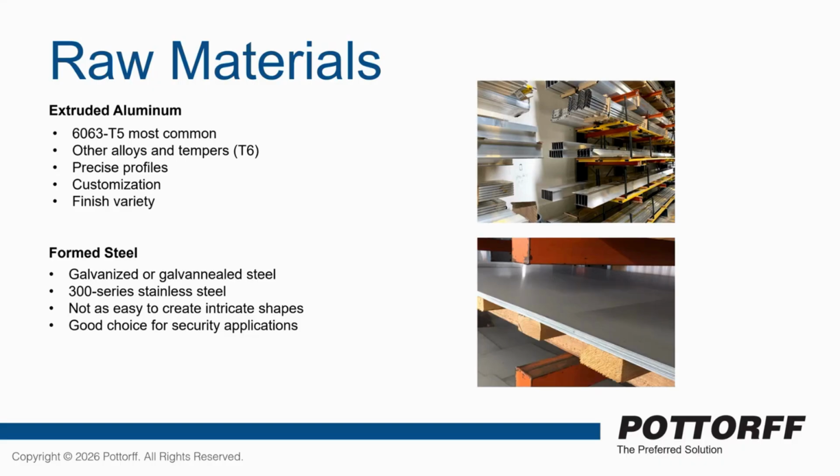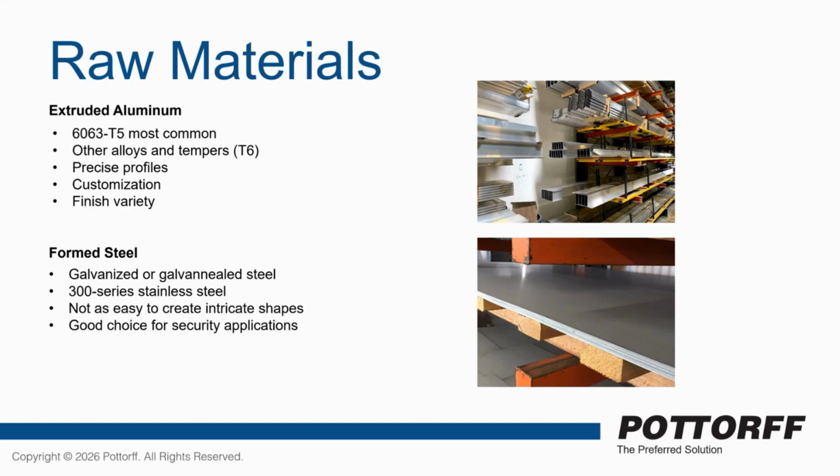Most commonly, those are made out of an alloy called 6063-T5, which is just an architectural type of alloy. We can also make it out of another alloy, 6063-T6. That's a little bit stronger, sometimes used for higher design loads or any type of structural piece.